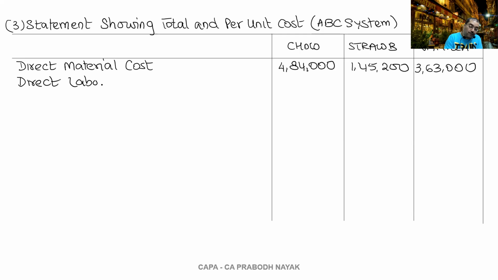Direct labor cost. Same way you do. It is ₹5 per unit into 60,500, that is 3,02,500. ₹4 per unit into 24,200, that is 96,800.